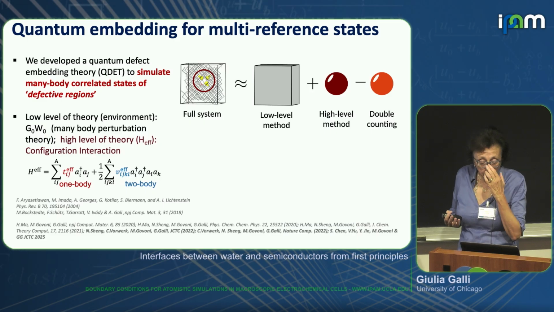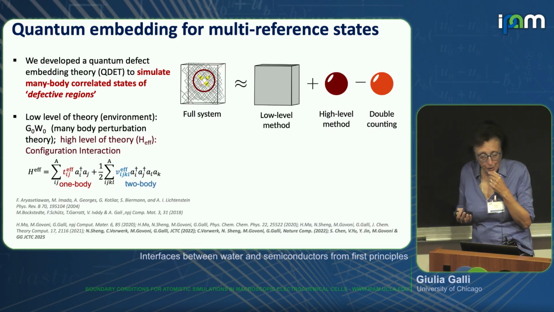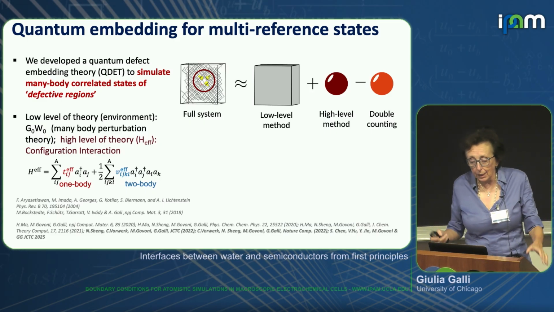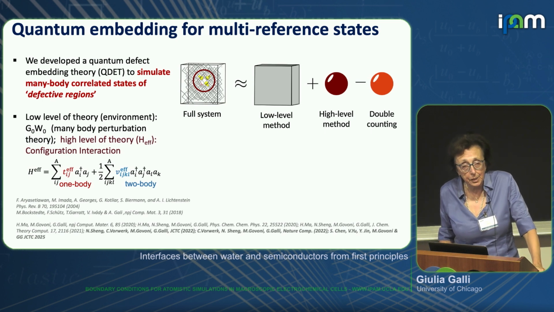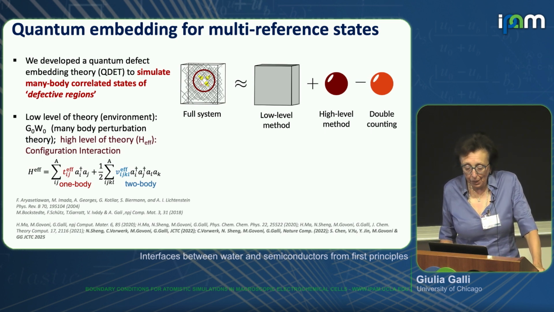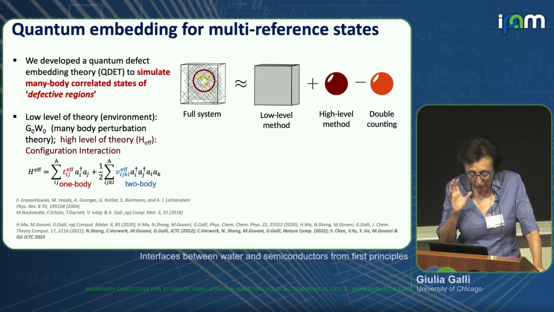Recently, we have developed, I'm not sure I would call it a theory, but a framework also to compute multi-reference states. Let me try to explain in general what we want to do.